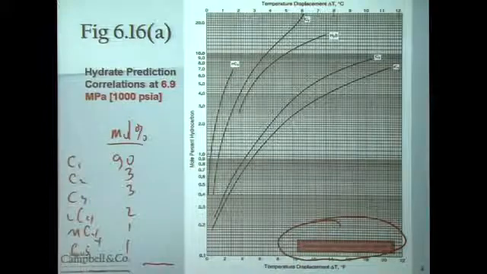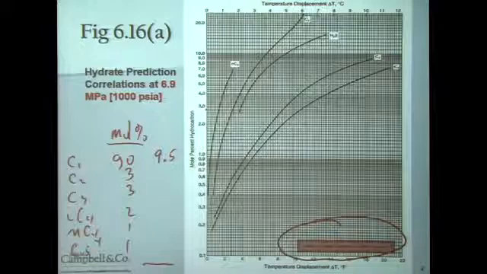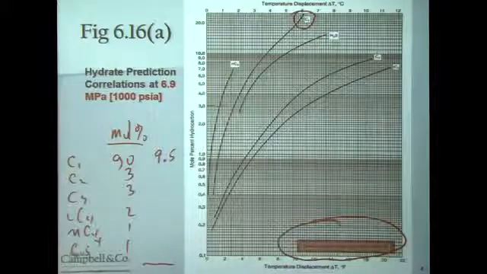To do so, the methane hydrate formation temperature, which is given in the lower right-hand box, is 9.5 degrees Celsius. Now we want to add to that the contribution of ethane. Well, we have 3 mole percent ethane, so we find 3 mole percent over here, and we locate our ethane chart right over here. So we go in at 3 mole percent, we go up, and we read about 1.6 degrees Celsius. That's the contribution that ethane makes to the hydrate formation temperature.